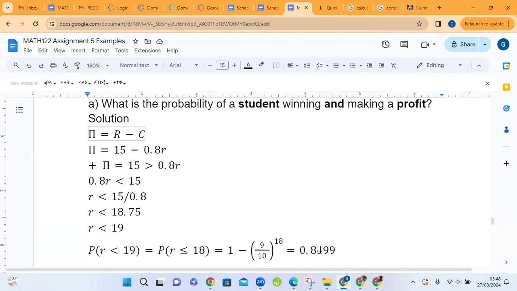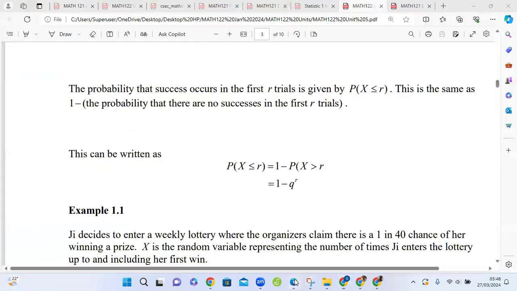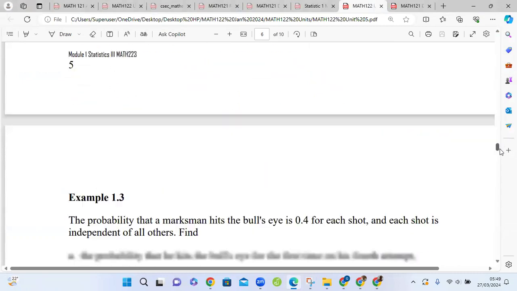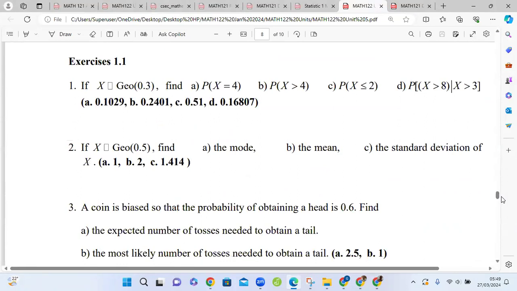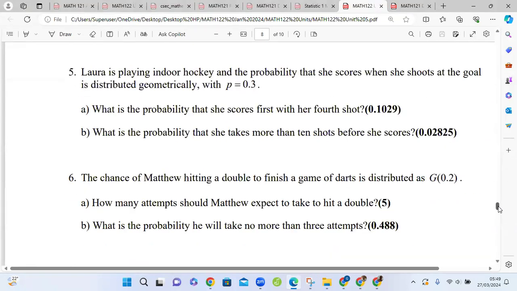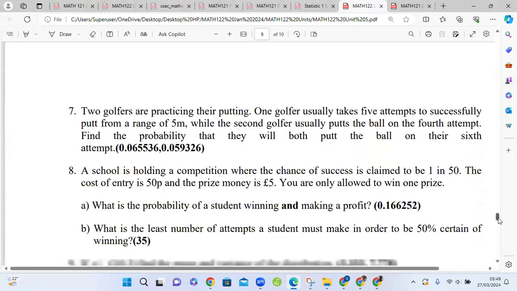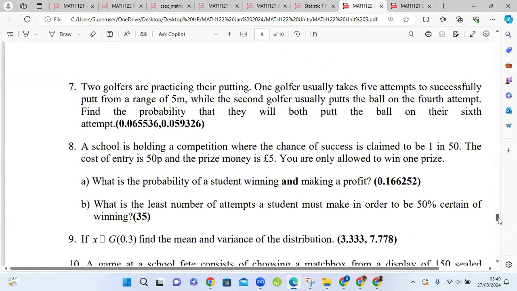And the reason is that the probability of success is high compared to an example in the Unit 5 exercise, I think. Let's check it out. There's a similar question in Unit 5, and that would be number 8, and the answer is 0.166.